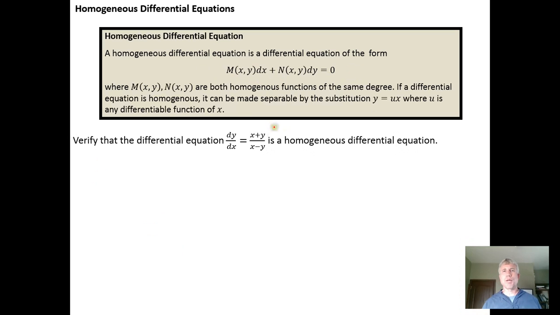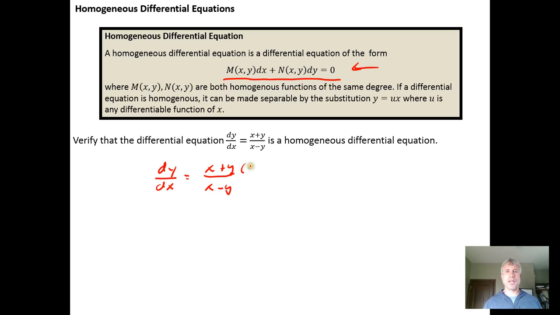So here's another example where we initially don't start with something that is in this form. Step 1 is to verify that the differential equation we have can be written in this form. So to do that, I'm going to take my differential equation dy/dx equals (x plus y) over (x minus y). I'll multiply both sides by (x minus y) dx.